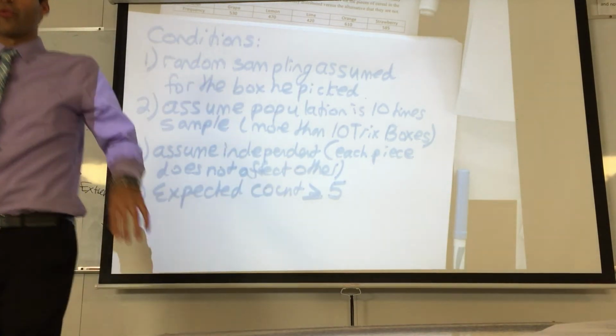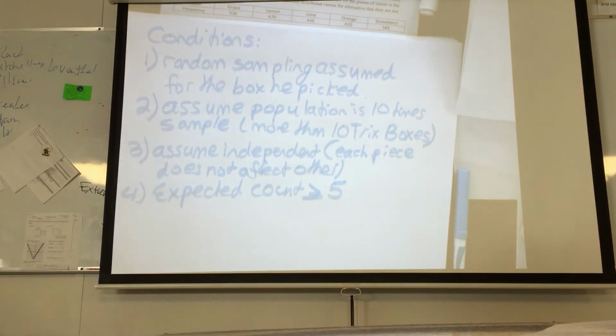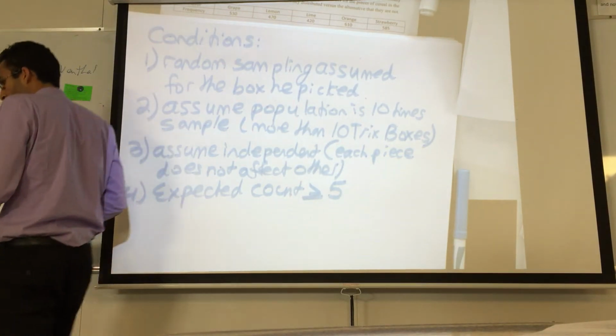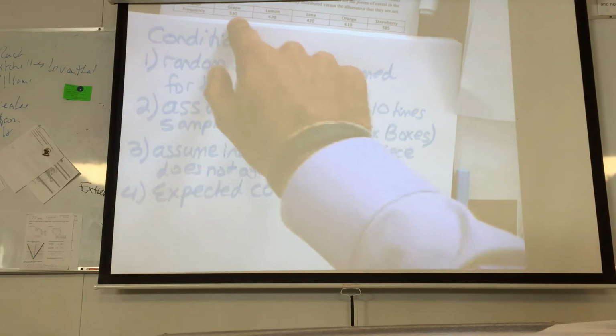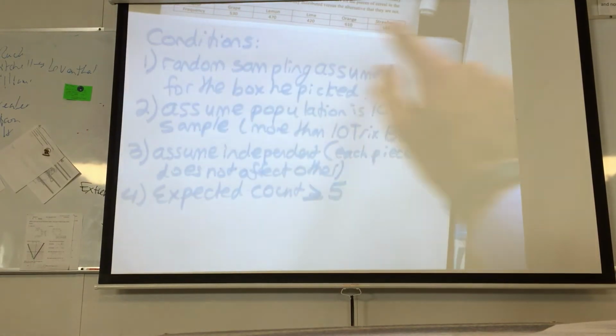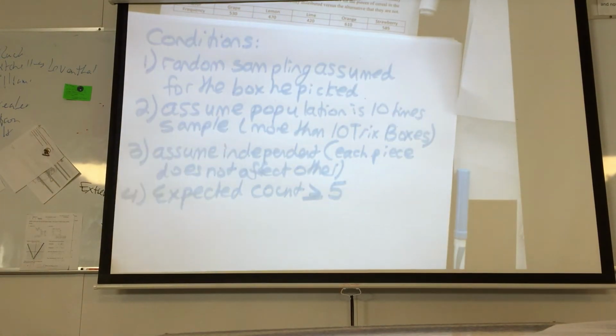So now we need to remember last time we figured out what the expected amount per flavor is. You all should try to figure that out on your own. Remember, you want to add up the total number of cereal pieces.